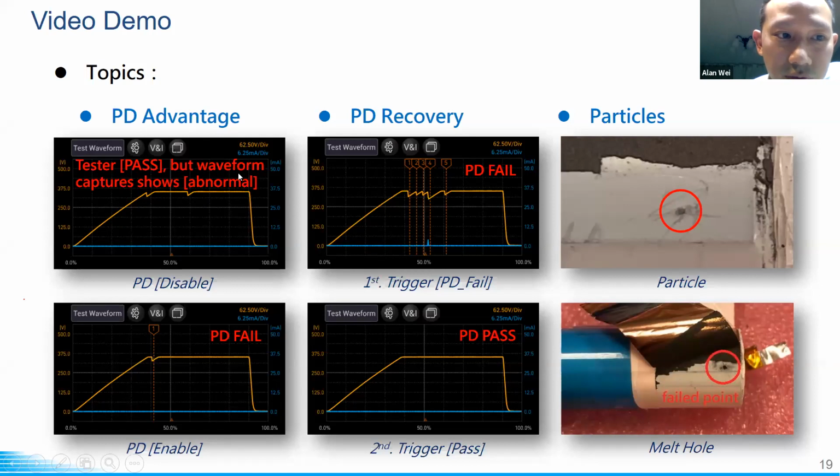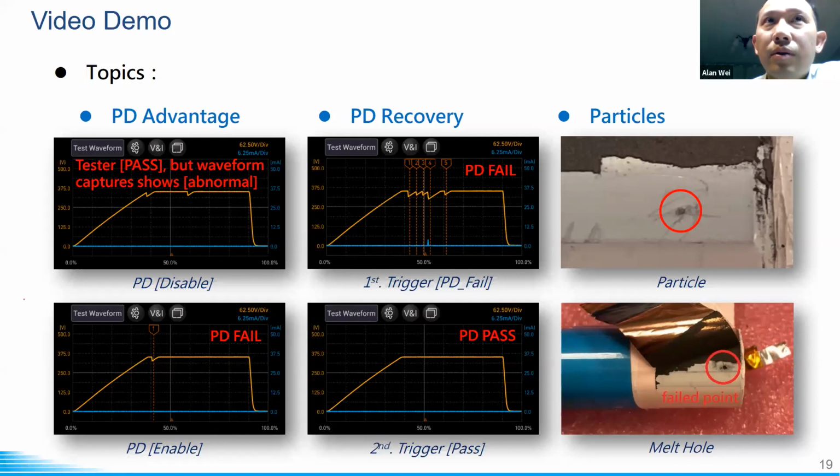However, the waveform captures the failure. Again, if we enable the PD function, we can capture the failure on the tester easily. The second part of the video shows the PD recovery.